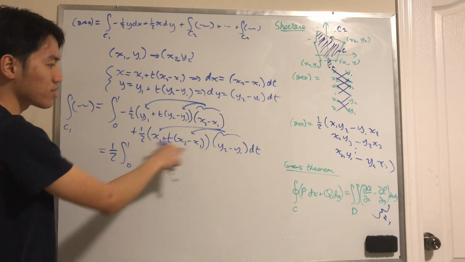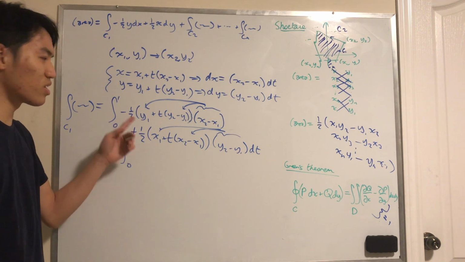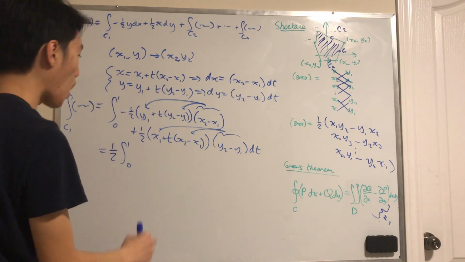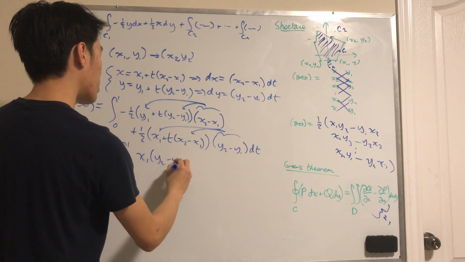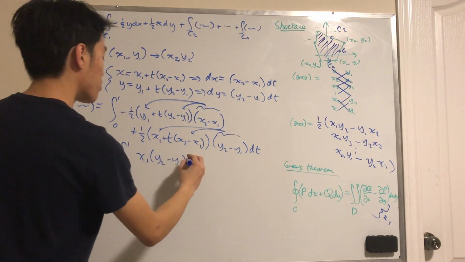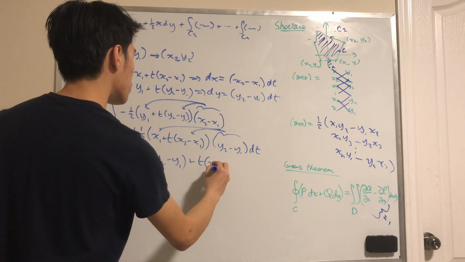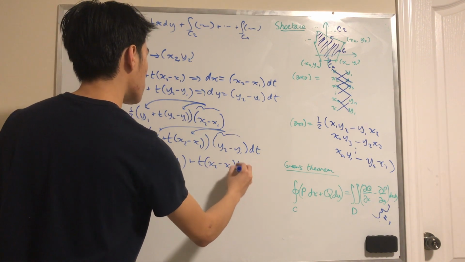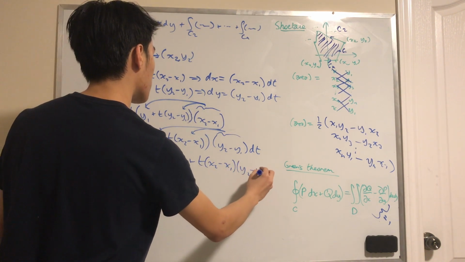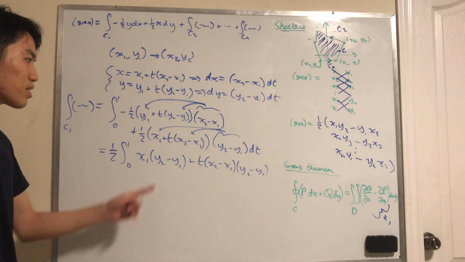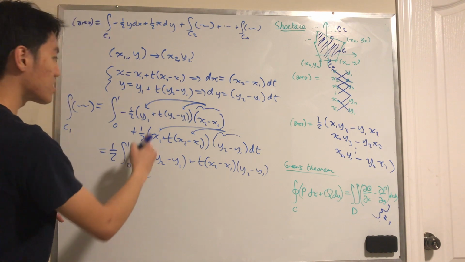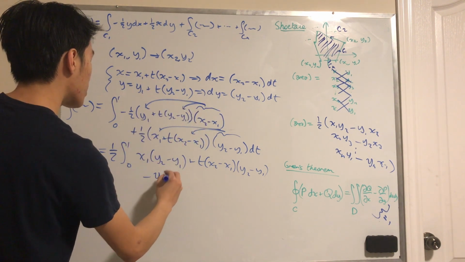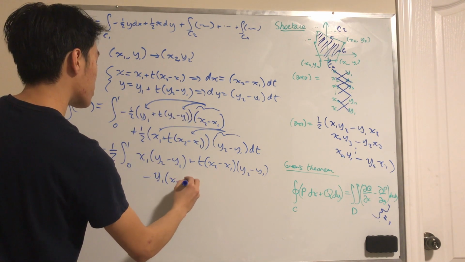I'll do the positive part here first because I really don't want to deal with the negative sign right now. So we have x1 times y2 minus y1, and then plus t times x2 minus x1 times y2 minus y1. Okay, so far so good. Let's deal with the negative part. It becomes minus y1 times x2 minus x1.